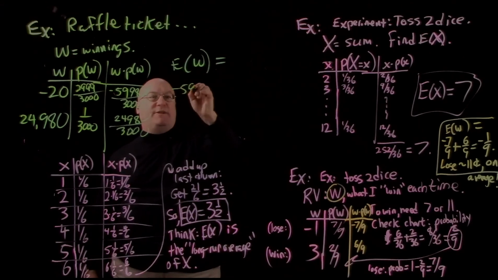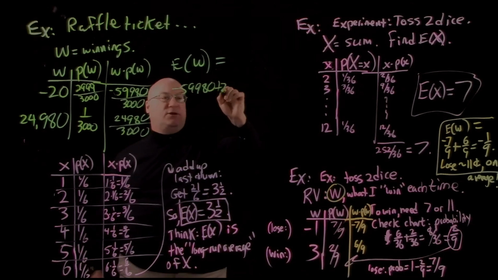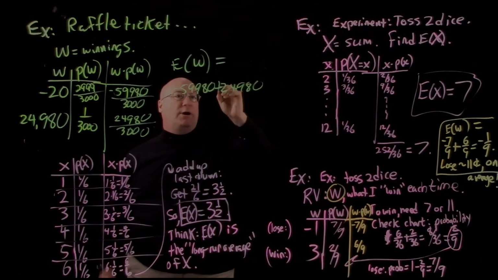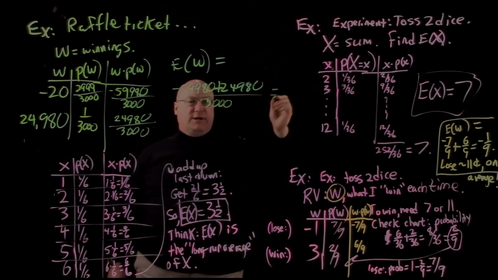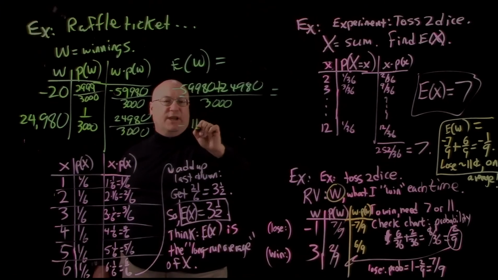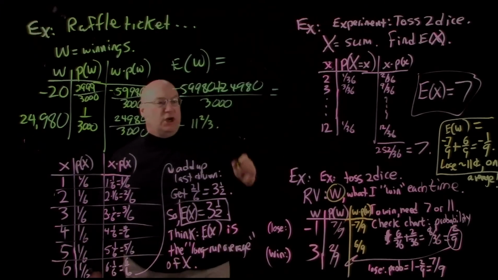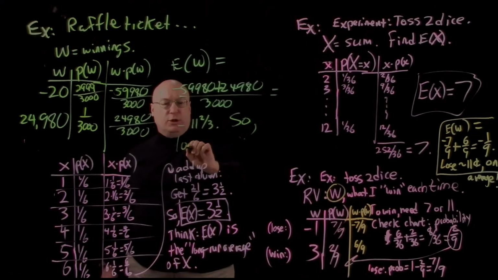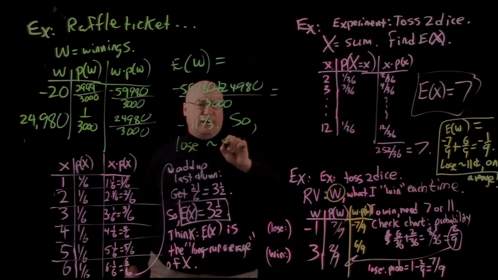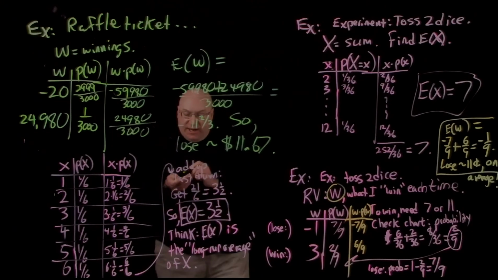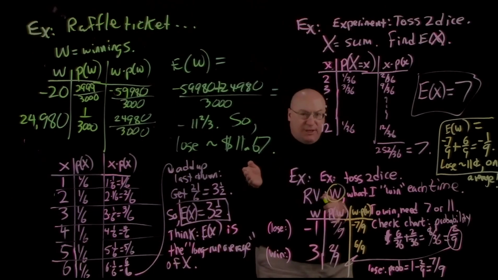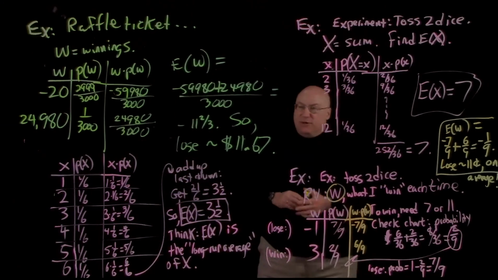It's negative 59980 plus 24980 over 3,000. And that works out to be negative 11 2/3. So lose about $11.67.